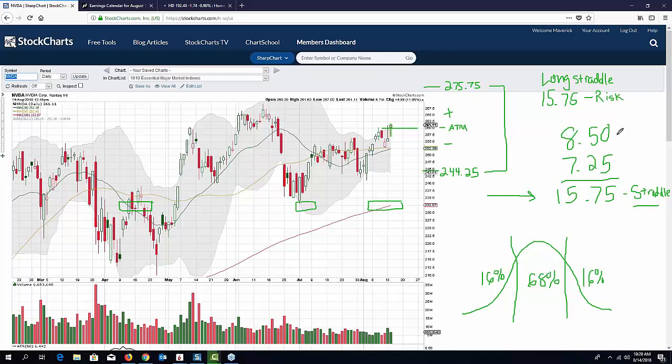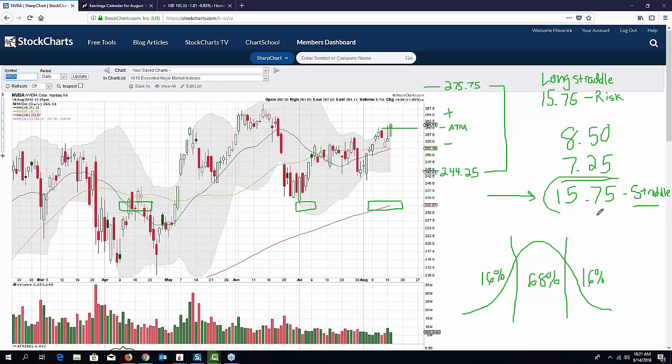And I should also mention the probability of losing the full amount is not high. Why? Because it's not going to land perfectly at 260. If it were to land at exactly 260 at expiration, then both options would be worthless and we'd lose everything. But any other number, if it finishes at 262 or 265 or 254 or 248 or whatever, we'd lose something, but it wouldn't be a max loss.